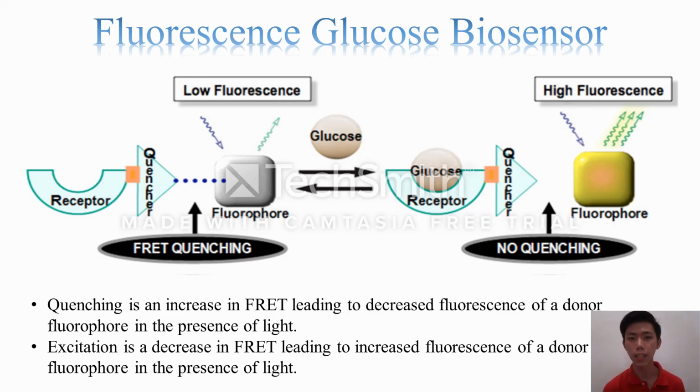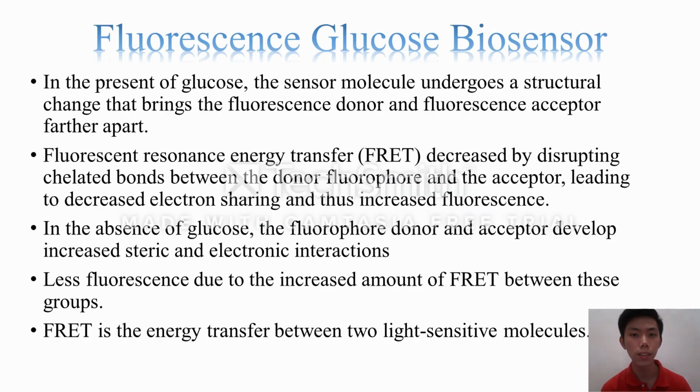This is because the acceptor and the fluorophore have developed a steric and electronic interaction between this group. So there is a decrease in the luminescence in the presence of light. And this is the summary of the fluorescent glucose biosensor that I have just mentioned.